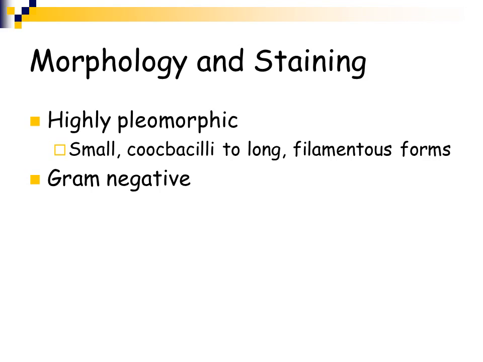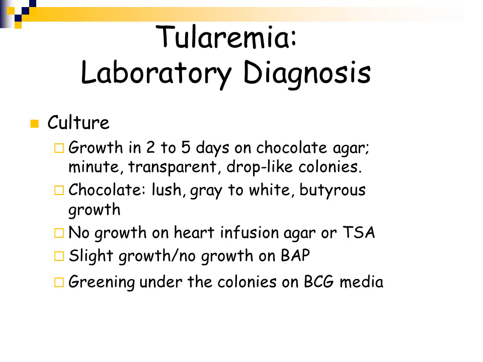So this organism is highly pleomorphic. You can see teeny tiny rods, you can see long filamentous forms, and of course it's gram-negative. It takes 2 to 5 days for the organism to grow, and it doesn't grow very well on your 5% sheep blood agar plates. It prefers to grow on chocolate agar as minute, transparent, very tiny little colonies that look like small little drops.